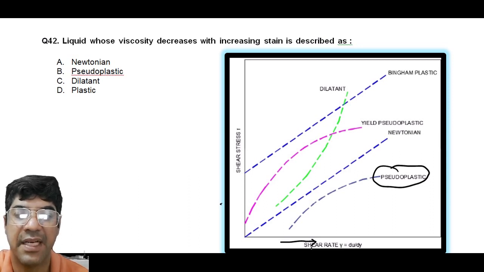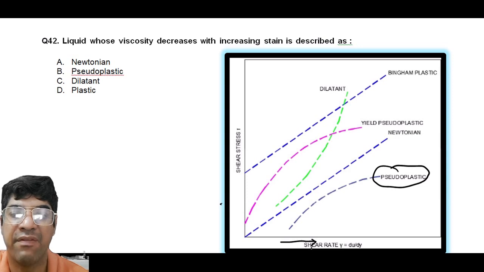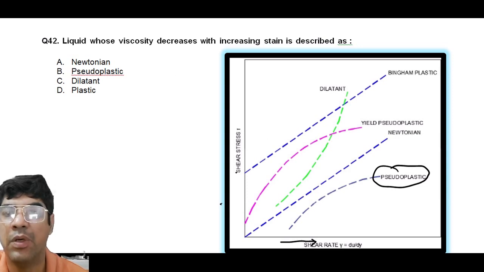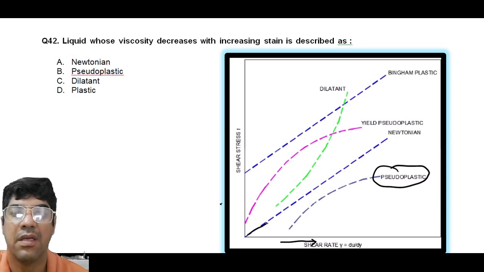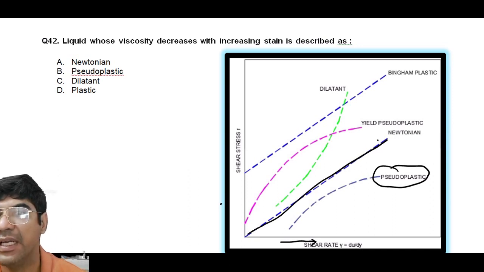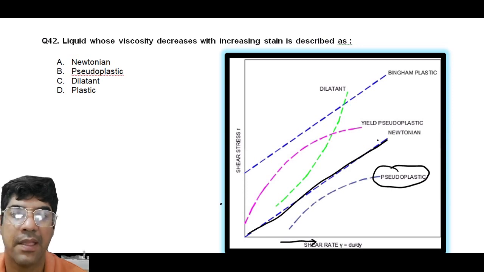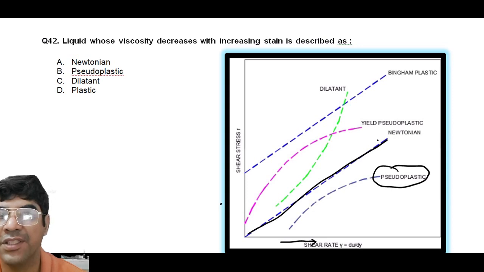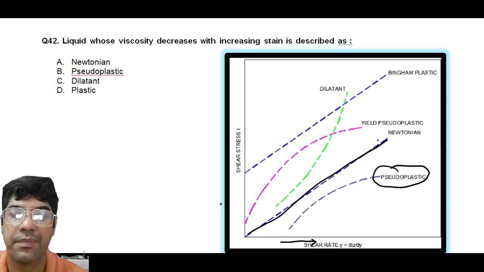That means the fluid will become thinner and flow more easily when subjected to higher forces. The Newtonian fluid is one in which the viscosity is constant. Straight line, that means it is constant regardless of the shear rate.